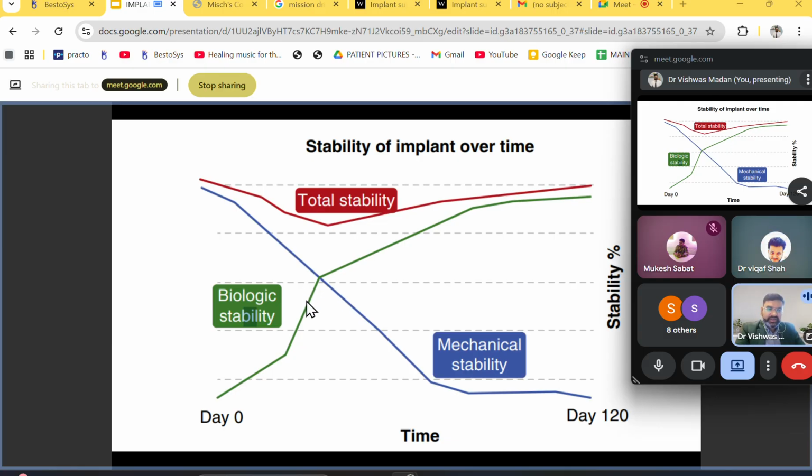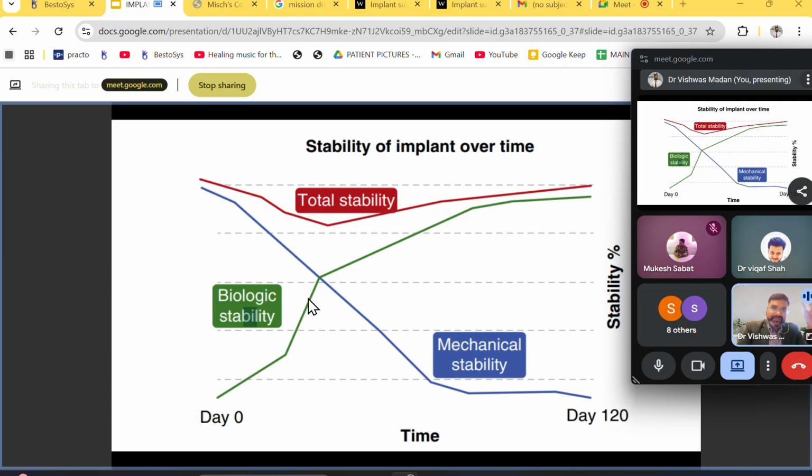So now let me go through a case scenario. Imagine a patient comes to you. You have done an implant in the 3-6 region today, the 9th of November, and everything is good.